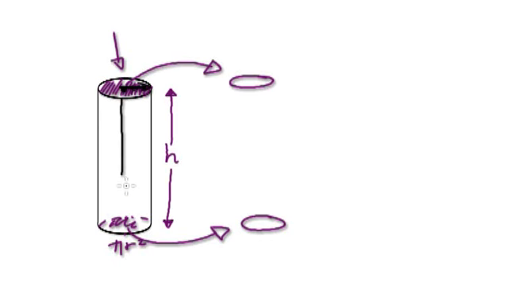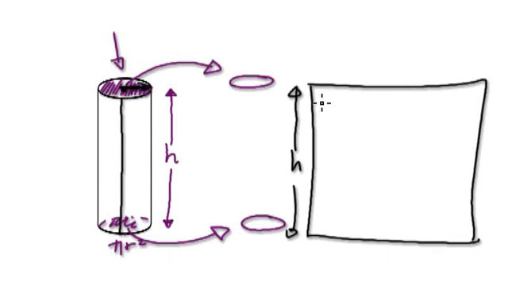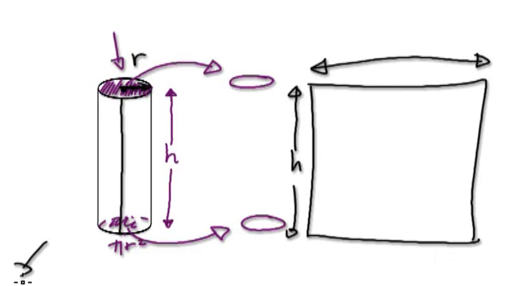We are going to cut it along here, so it's in effect a sheet of paper. We know that this must be h, but we don't know what this length is, but we can work it out. Pause it and have a think about it.